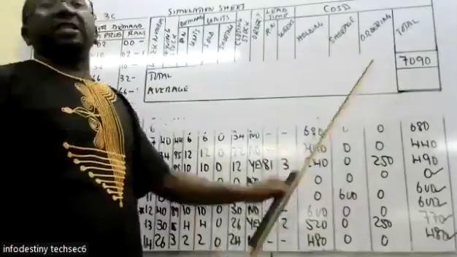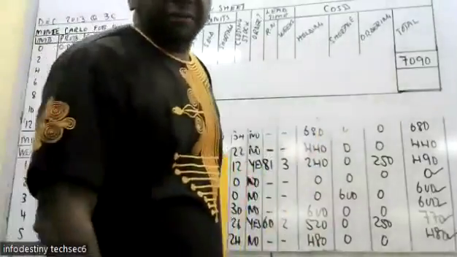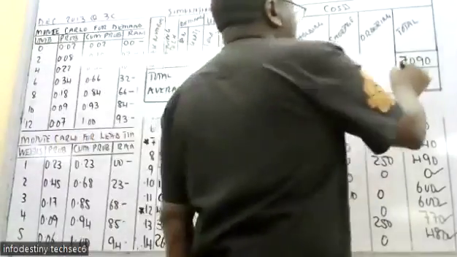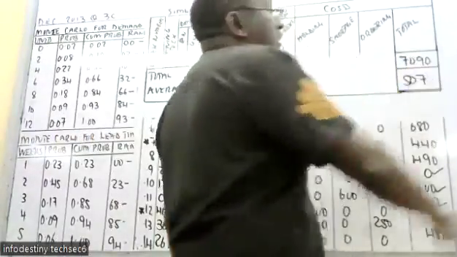you divide by 14, eh? Yeah, if you divide by 14, you get what? So you can make it 507. Yeah.